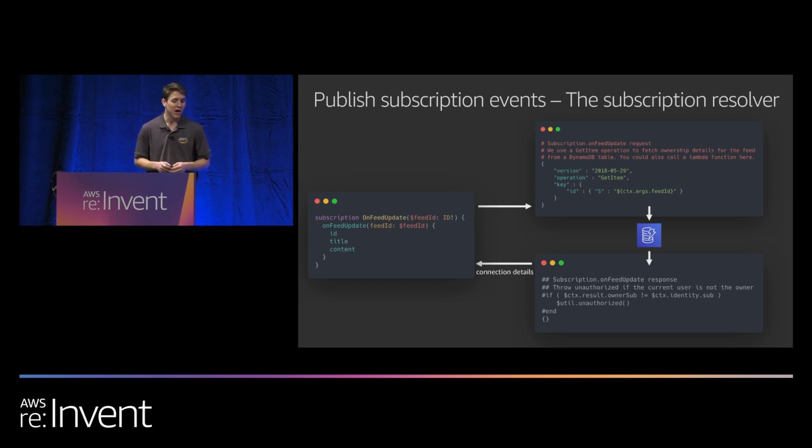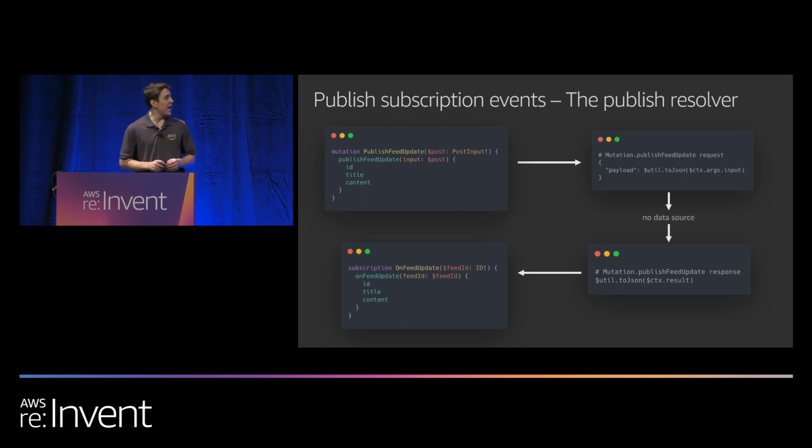In this instance, I'm just looking and saying, hey, does that table define an object where the owner sub is equal to the sub of the currently logged in identity? If it is, I'm going to allow that resolver to succeed, and then we're going to provide connection credentials to the downstream client so that they can actually subscribe to the event stream. And if you do not want them to be able to subscribe, here's where you can run your implementation or your logic to say no. You can throw this error, and then the user's never going to get connection credentials, and they're never going to be able to subscribe to that feed.